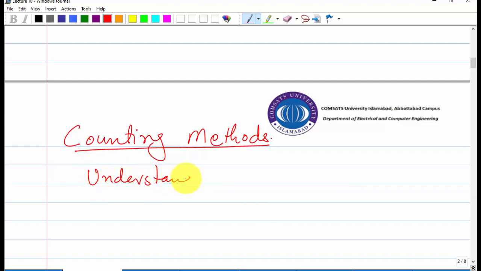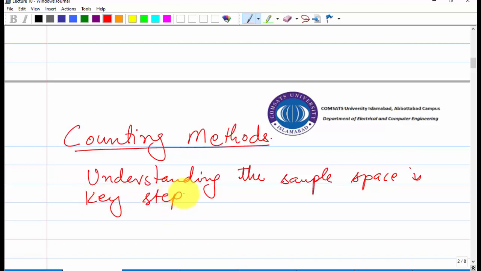understanding the sample space is a key step in formulating and solving a probability problem.